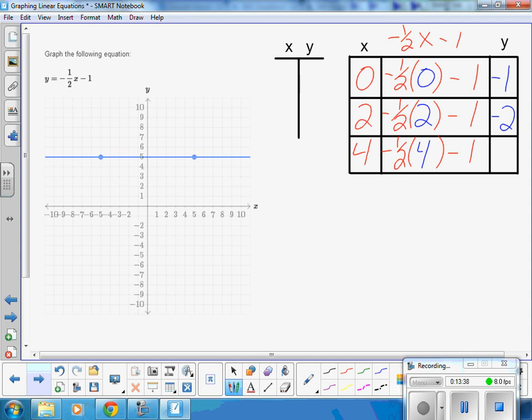So you get -2 minus 1 is -3. I use those 3 points for my graph: 0, -1, then 2, -2, and 4, -3. Moving my blue dots down to any one of those, my graph is going to be something along there.